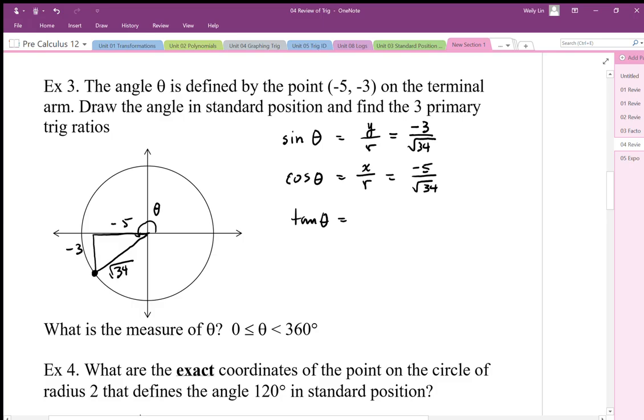And tan is still going to be the slope, so in this case, it's sloping in this direction, so that's definitely a positive slope. So we're going to end up with -3 over -5, which works out to be +3 over 5.